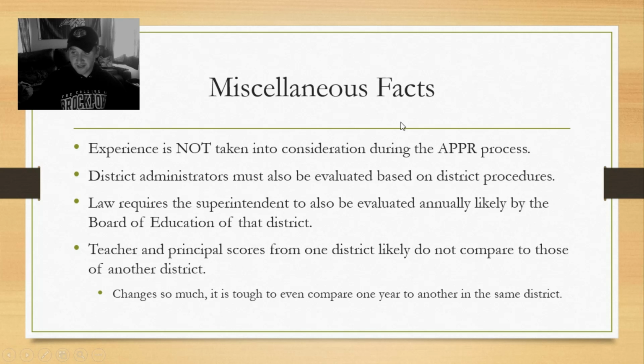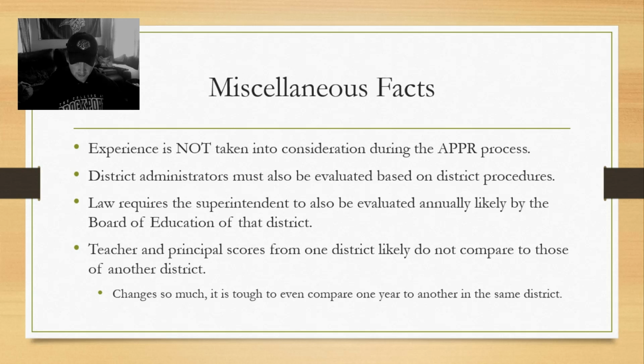So there's some miscellaneous facts that I throw in here. Experience is not taken into consideration during the performance review process. Well, I'm going to talk a little bit more about that in the discussion part. District administrators must also be evaluated on district procedures. The law requires the superintendent to also be evaluated annually, likely by the Board of Education.